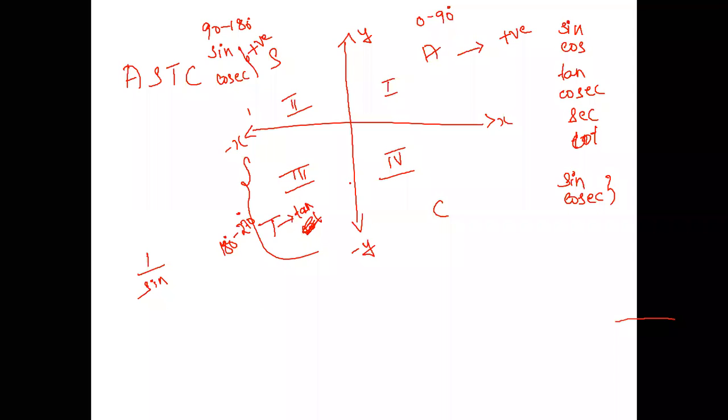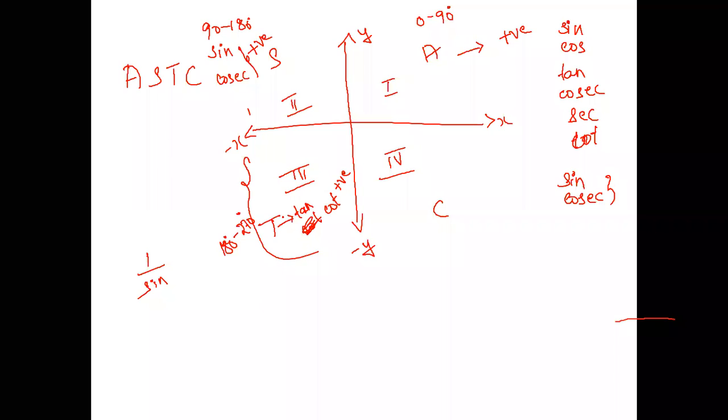What is the reciprocal of tan? Cot. Yes, tan and cot are positive, and the remaining trigonometric functions are negative. So tan and cot are positive in the third quadrant, that is, for angles between 180 and 270 degrees, and the rest of the four will be negative. Yes, Karthik, if you have any doubt, please put it in the chat box.